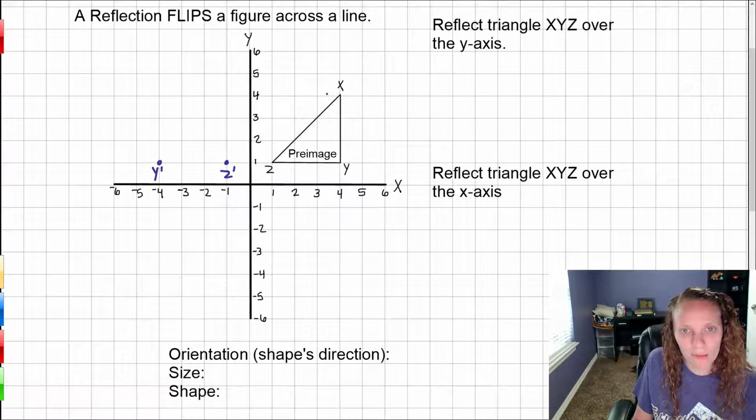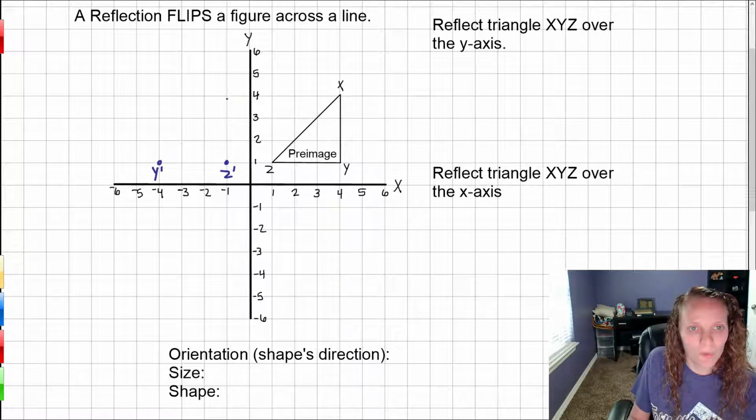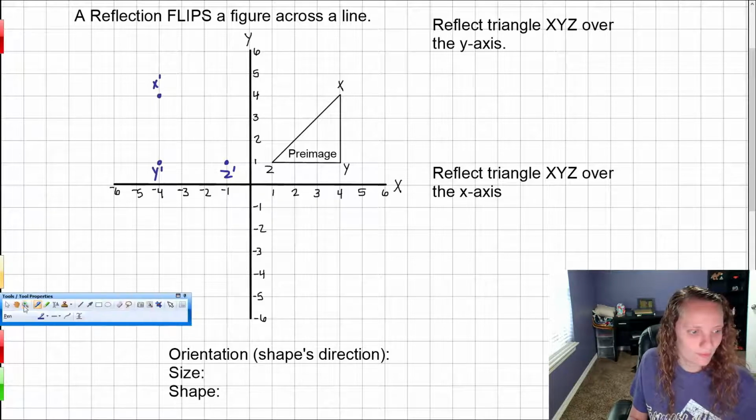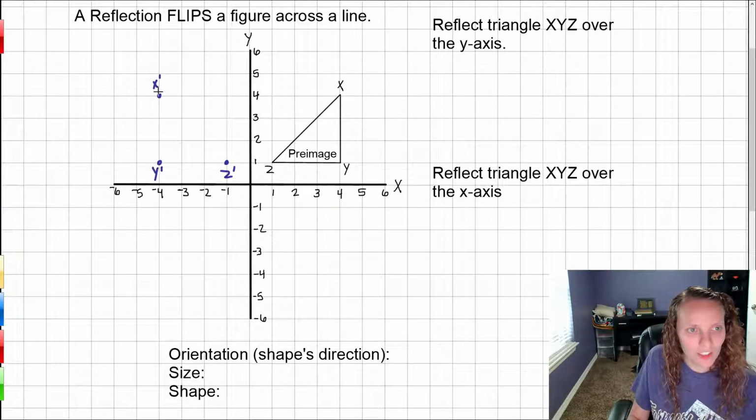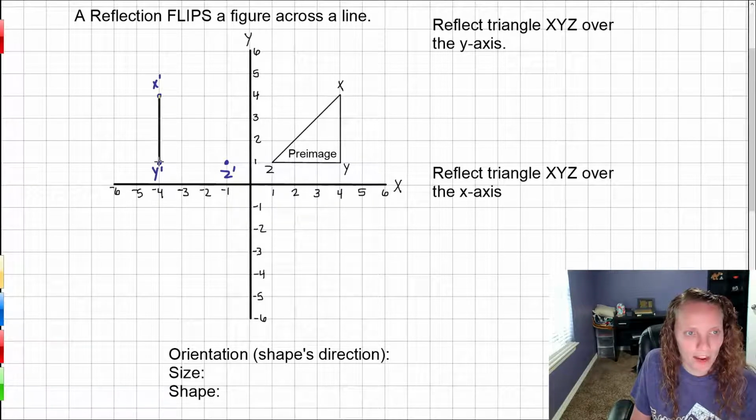And then x prime is 1, 2, 3, 4 away, so we'll count 1, 2, 3, 4 away again, and this is called x prime. When we connect our dots, this is now our image. It's the shape after the reflection takes place.